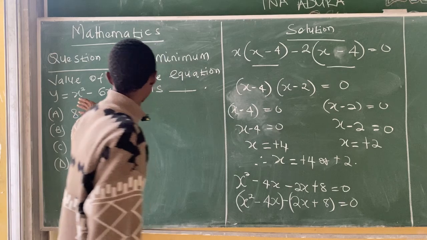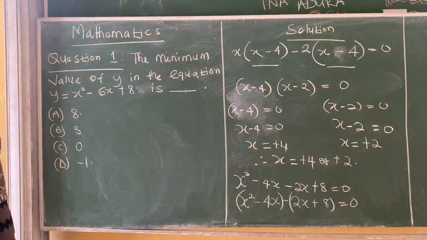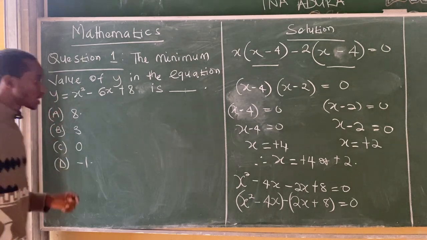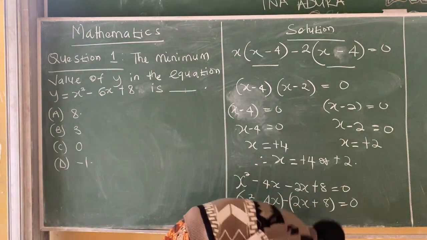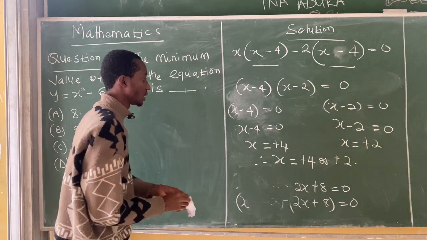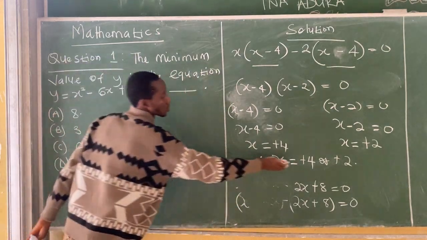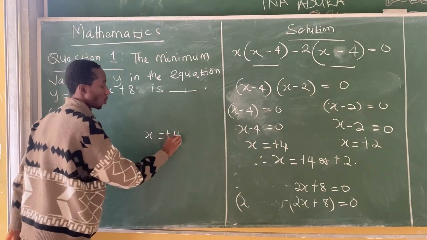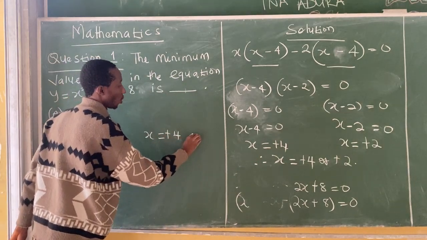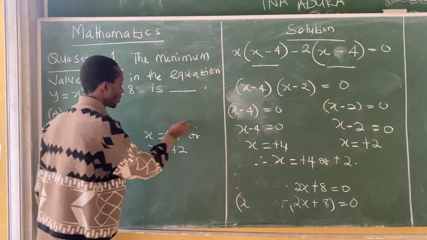We substitute it into this equation to find the value of y. Let's pick the first term. Don't forget, let me write this answer here. We have our x to be, x is equal to plus 4 or x is equal to plus 2. So this is our value for x.